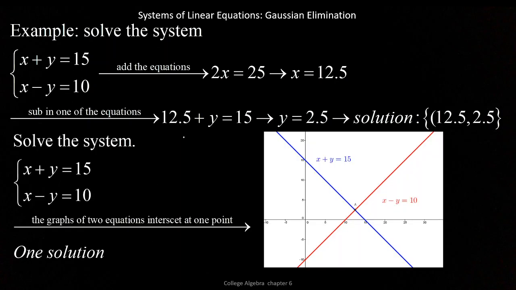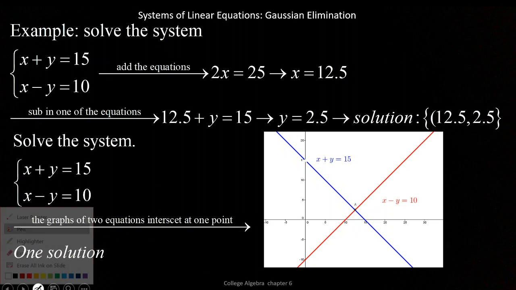All right. So here, using graphs of these, you can graph this by hand. If x is 0, y is 15. So we get a point right there, right?